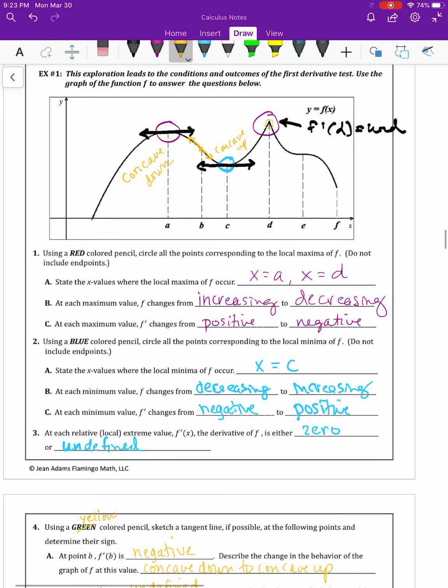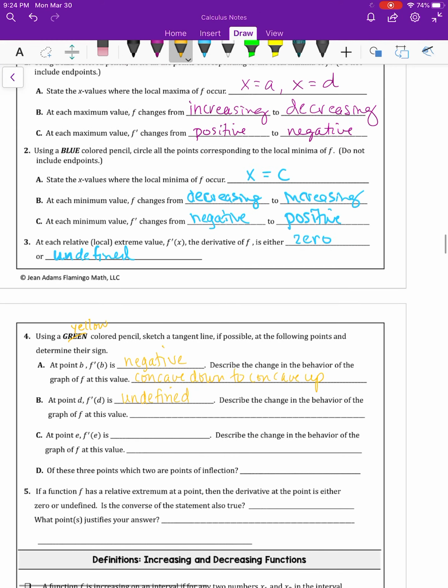Okay, so the f prime of D is undefined there. Describe the change in the behavior of the graph of f at this value. Well, it's increasing and then it abruptly goes to decreasing. So f is going from increasing to decreasing.